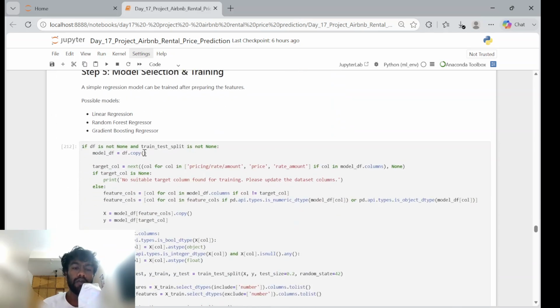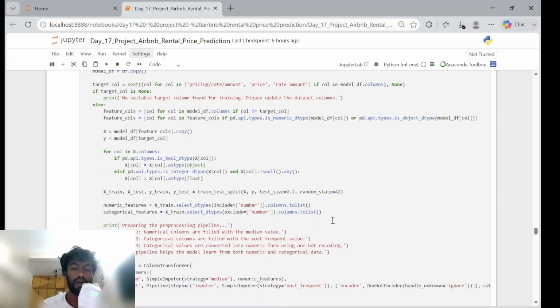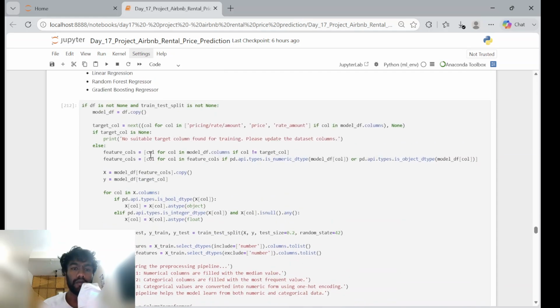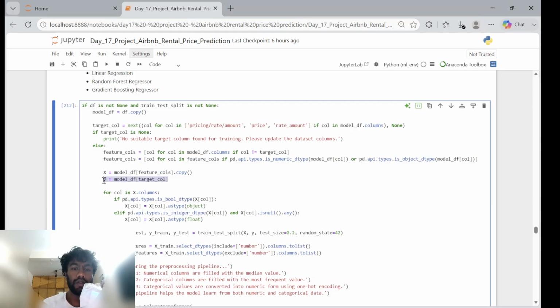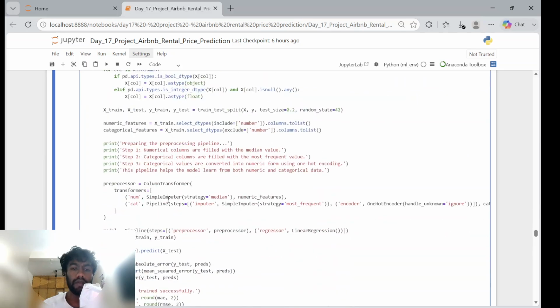So next, let's start off with a simple linear regression model, and we also have some few things like having to assign target column, that is the price, as a y value, and that's one thing. And we have a simple imputer strategy to fill in stars, and also one hot encoding method to transform categorical values to numerical values.